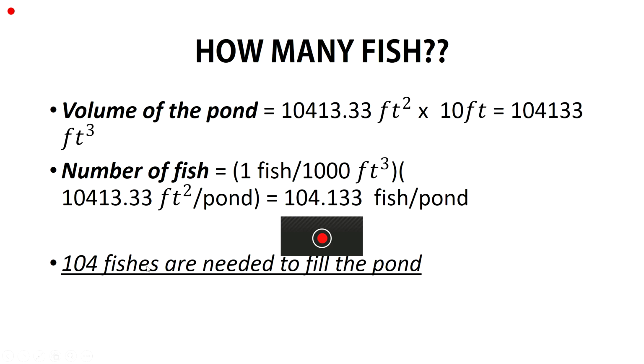So basically, 104 fish are needed to fill the pond. That's the amount of fish that was needed.